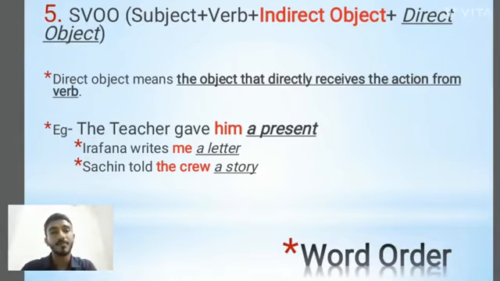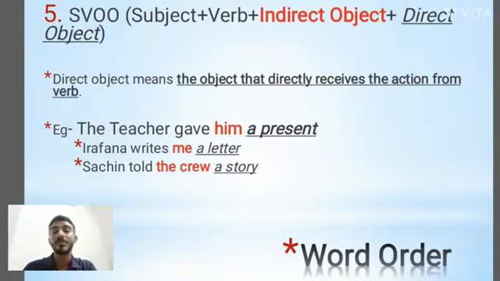For that we need to use our discretion. Based on the nature of the verb, we can determine which object is direct and which one is indirect.